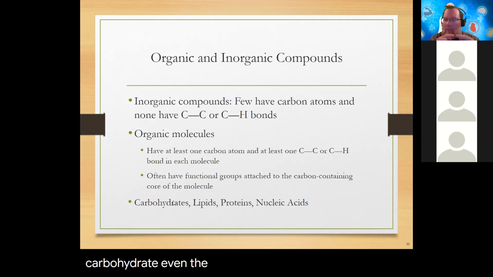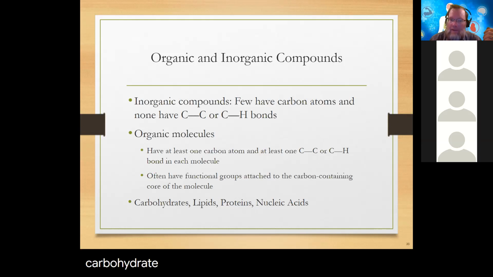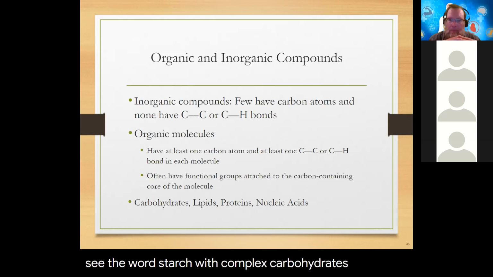Carbohydrate, even the name, carbo, carbon, hydrate is H2O. So if we put CH2O together, that's the ratio for a carbohydrate. And again, these are going to be your simple sugars and your complex carbohydrates. We see the word starch with complex carbohydrates.